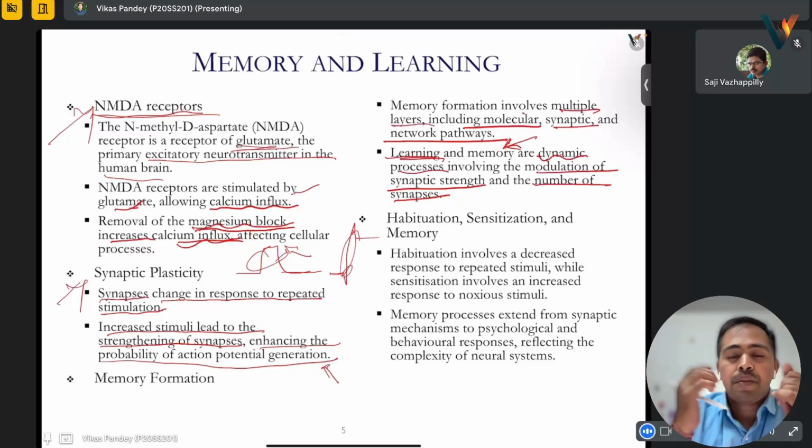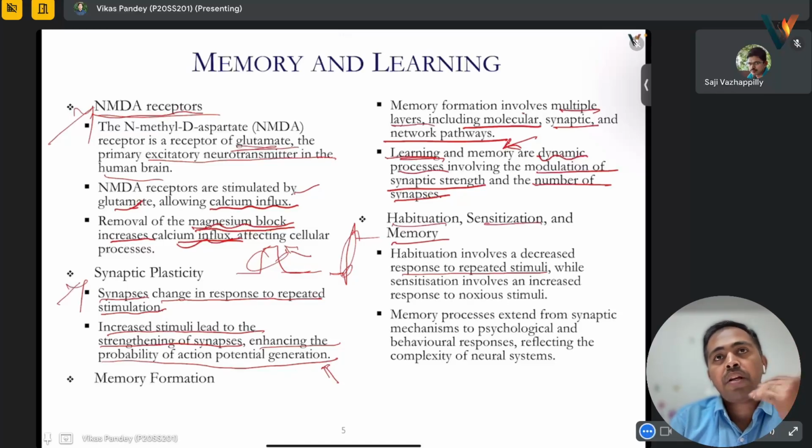Okay. Then comes habituation, sensitization, and memory. So habituation involves a decreased response to repeated stimuli. That means sometimes something becomes so much part of our work or so normal that we don't need to put it in memory.